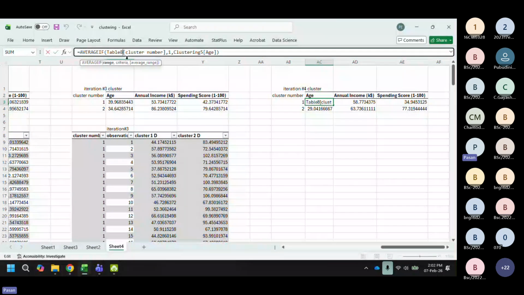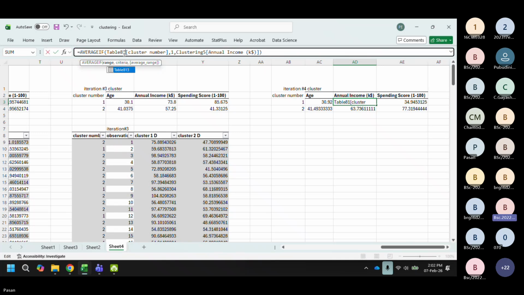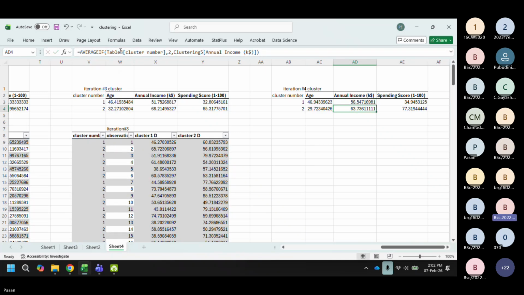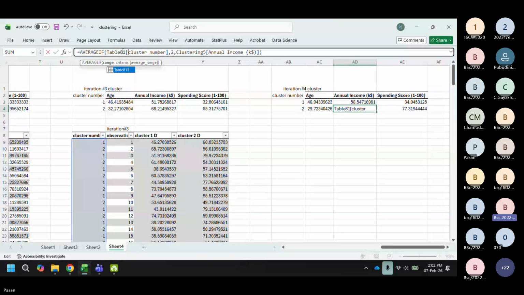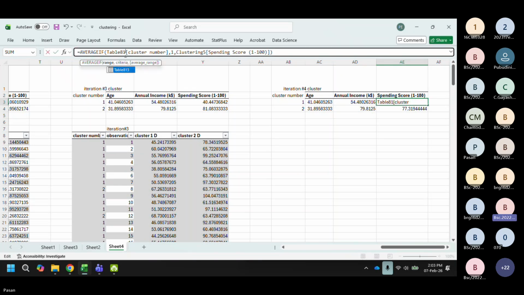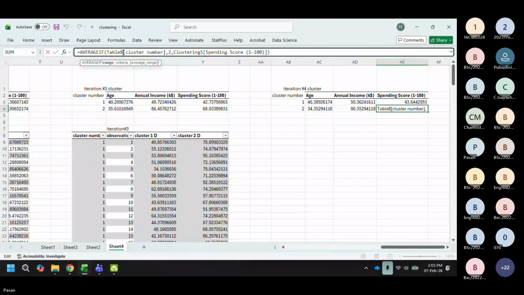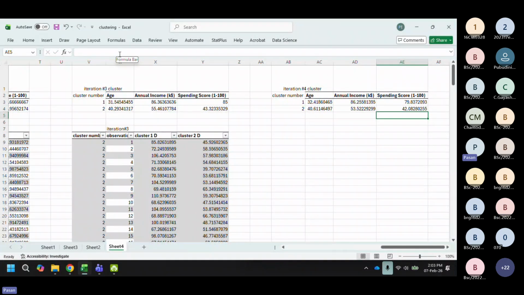So I have to change it to 13 here. Okay, so that's how we can keep on doing that.